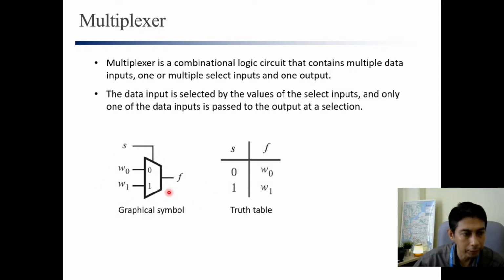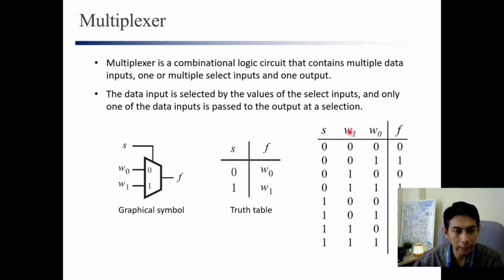The symbol is like this, where we have the inputs here and one control signal to control which signal will go to the output at one time. For example, in this case, when s equals 0, the output F will be equal to W0, and when s equals 1, the output F will be equal to W1.